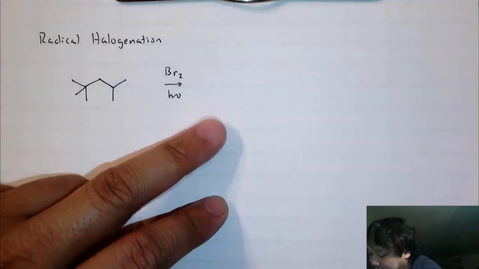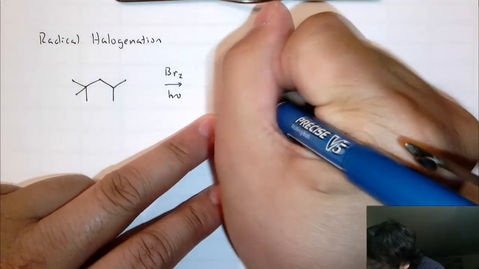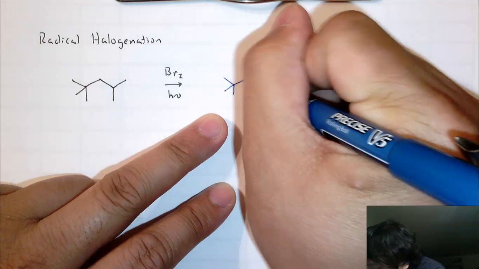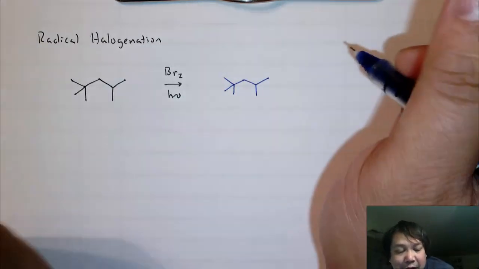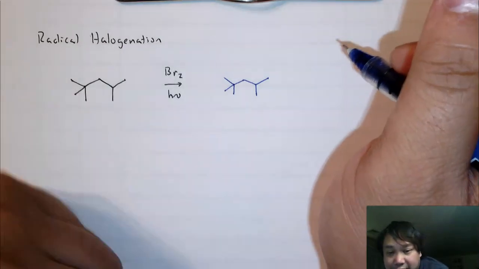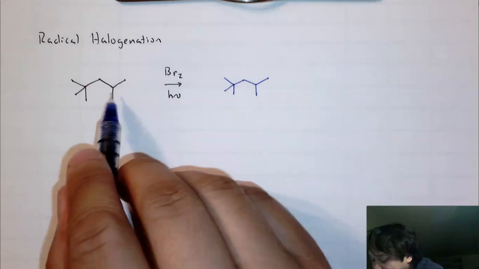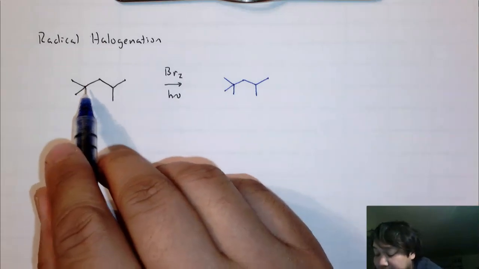And for my class, I only want to draw the one major product, and that is you want to mentally remove the hydrogen that gives you the most stable radical, and then put the Br there. So there's no hydrogen on this quaternary, so we can't put the Br here because we have to replace a hydrogen.